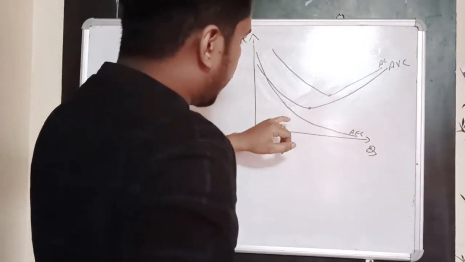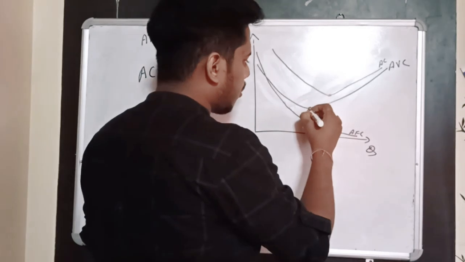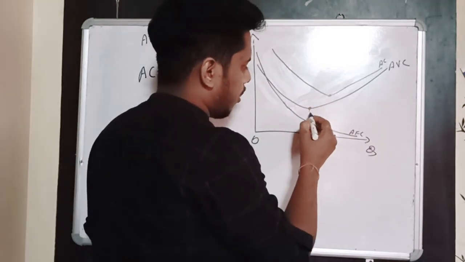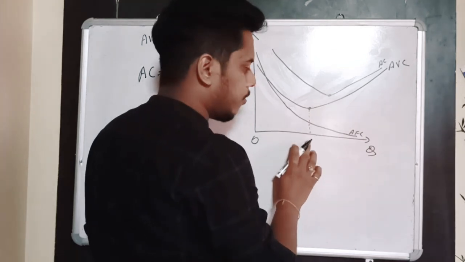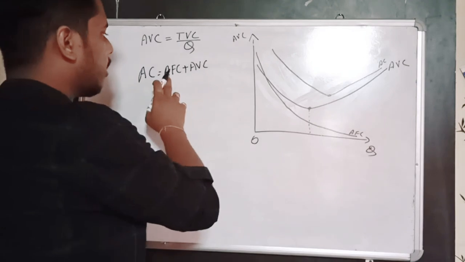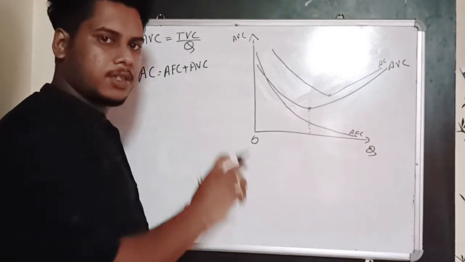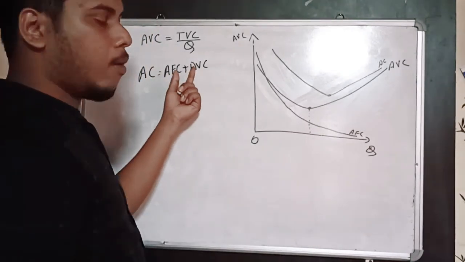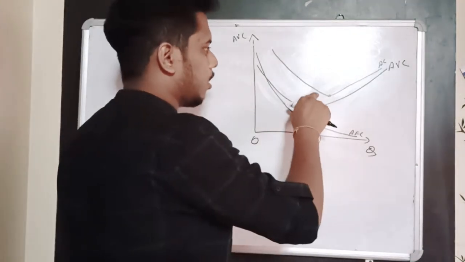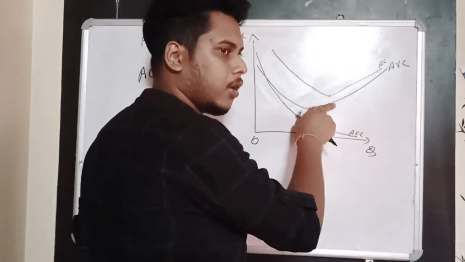Then AVC reaches its minimum, but even after this output level, AC keeps on falling. One component is still falling and the other has reached its minimum, so the combined impact of these two components is pulling the AC curve further down.